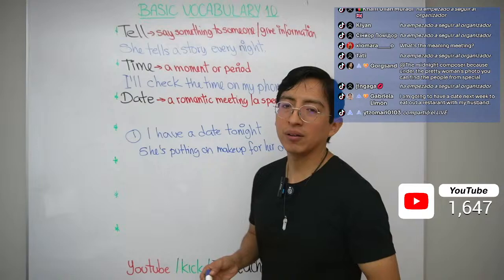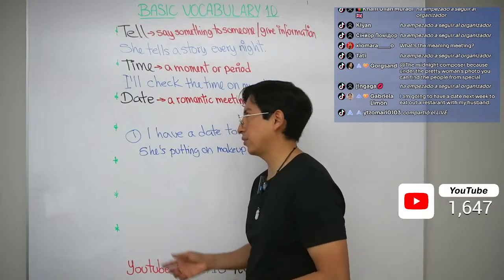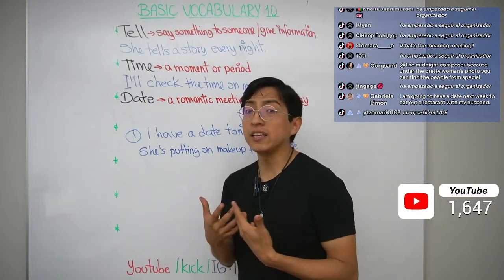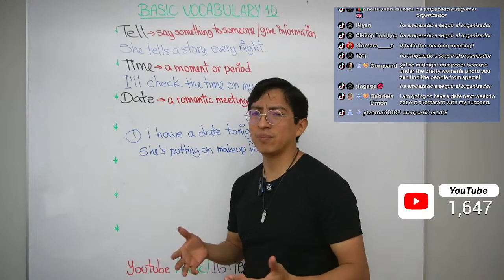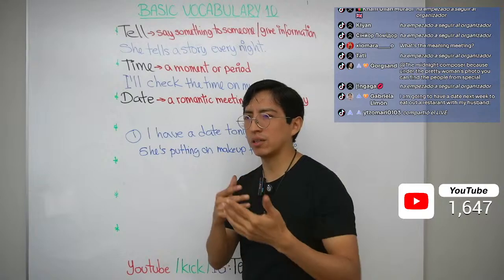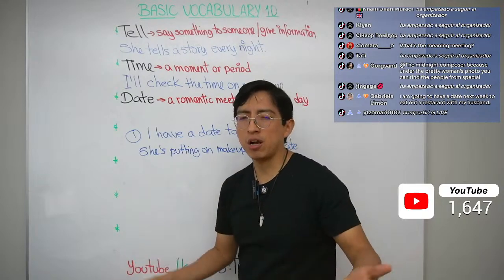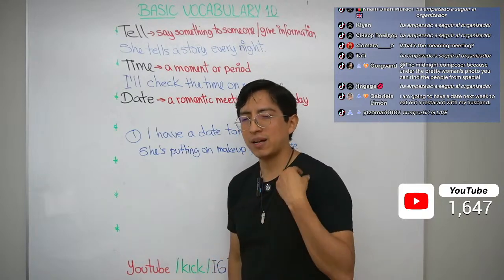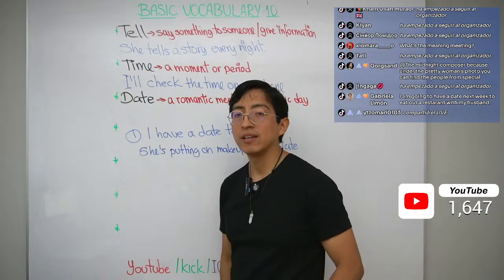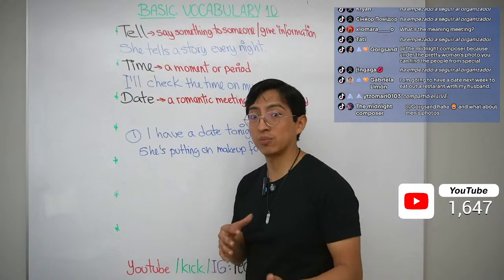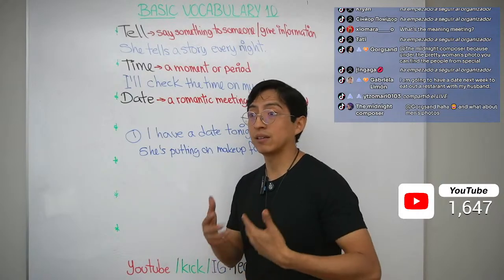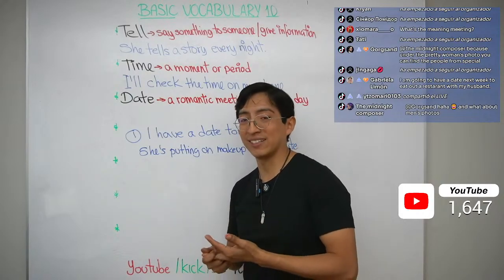So, well, if you have a date, you want to give a good impression, right? So, in the case of men, maybe you can go to the barber shop, maybe buy some new clothes. But in the case of girls, it's totally different, right? You spend a lot of time to get ready for the date.